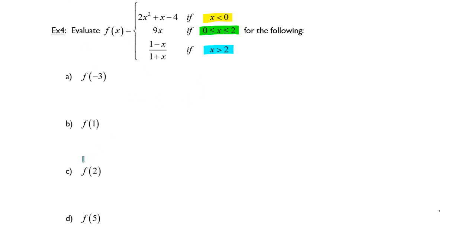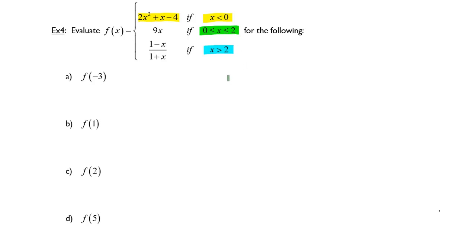Now I'm going to look down here at my list of domain values substituted into the function. We're supposed to calculate the range values or the outputs, and we need to identify which rule of the 3 applies. The corresponding rule for the interval less than 0 would be 2x squared plus x minus 4.